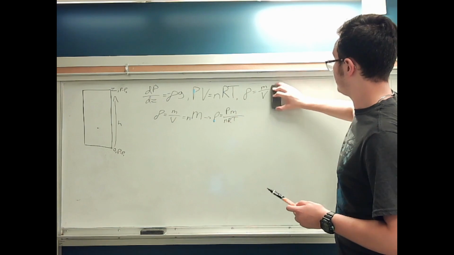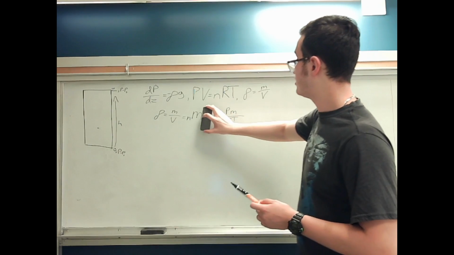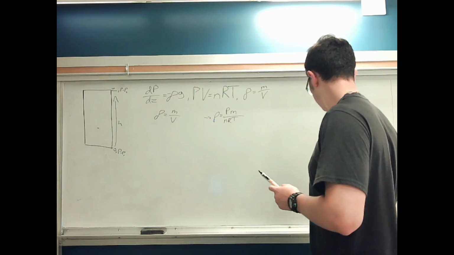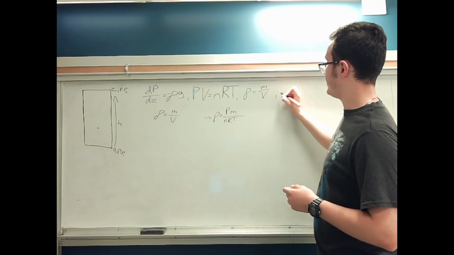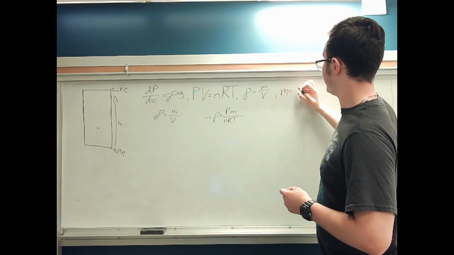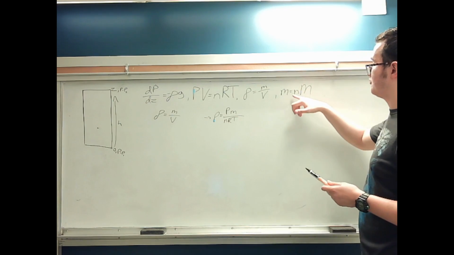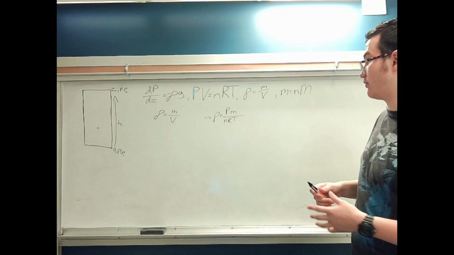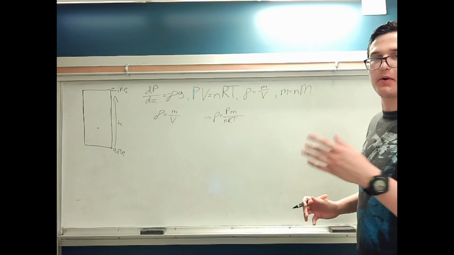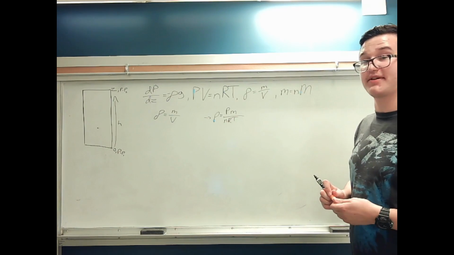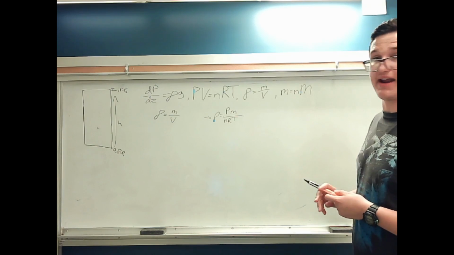I just realized mass, not density, mass is equal to number of moles times molecular weight. That makes more sense. If you were looking at this going, something doesn't quite look right, it was that.